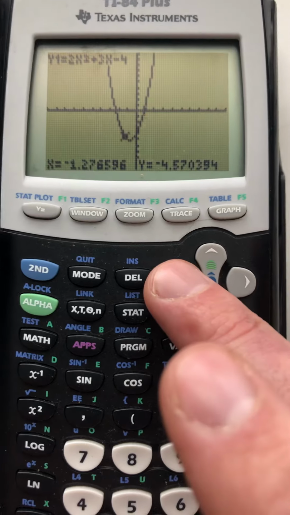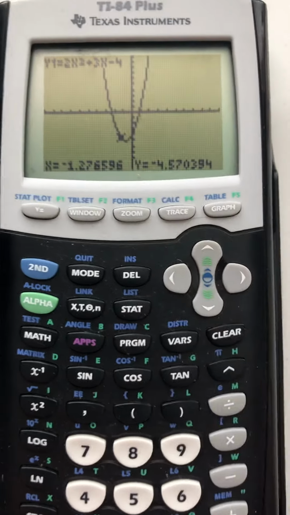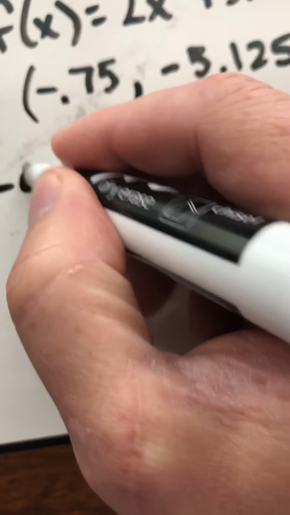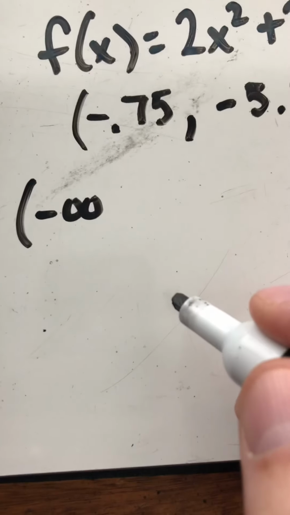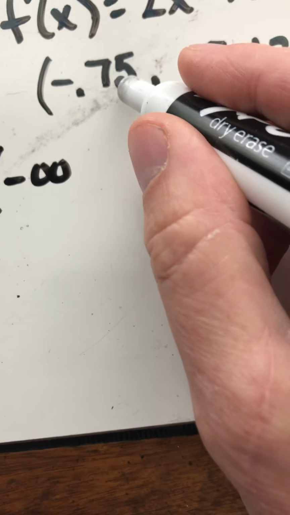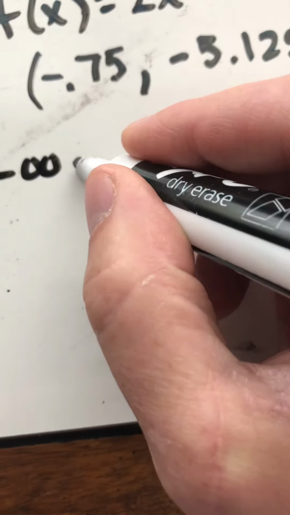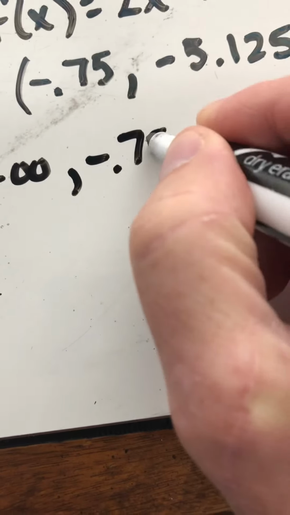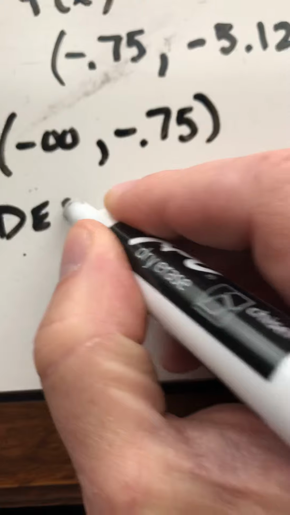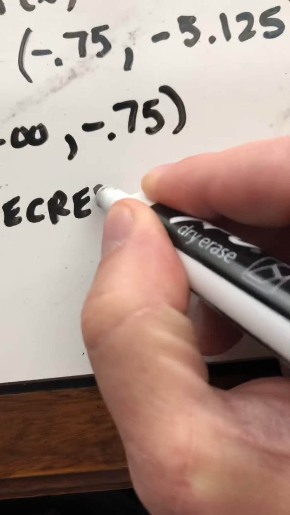That path it's taking, that interval, is going to be from negative infinity all the way to the x value of negative 0.75, and that is going to be a decreasing interval.